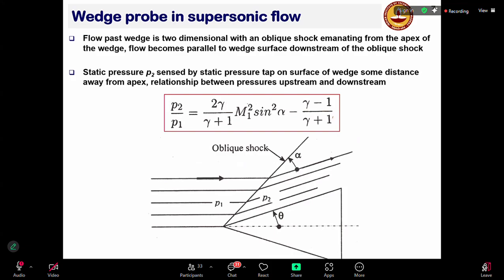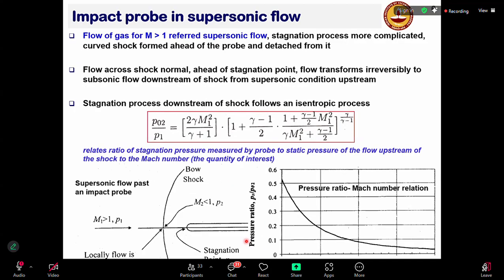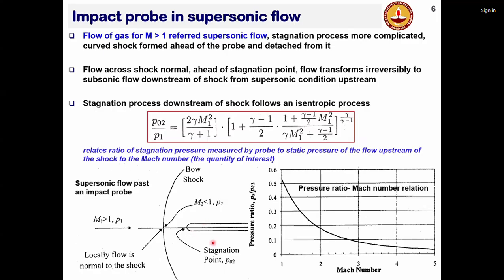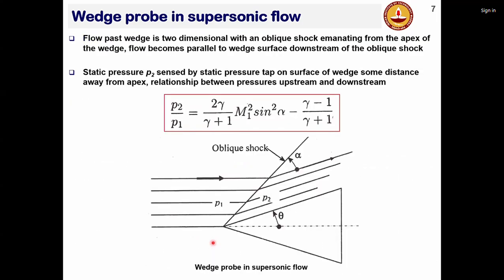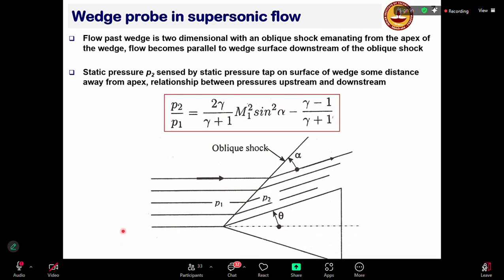Now, what if the probe is in the shape of a wedge? Not like a well-rounded shape that we just spoke about in the previous slide. Not like this, but a very sharp edge, something like this. Now, from gas dynamics, it is understood that when you have Mach number greater than 1, that means you have supersonic speed.